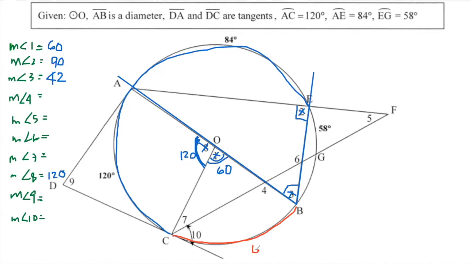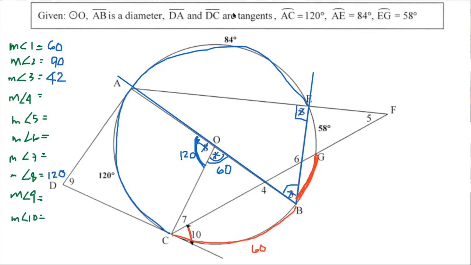I know that this one right here is 60. If this is 60, then I only need this part GB right here to be identified in order for me to solve for 10. Because if I get GB, I will be able to solve for 10, and eventually for 4 and 6. Since this is already a semicircle, this 84 plus 58 plus GB should be equal to 180.